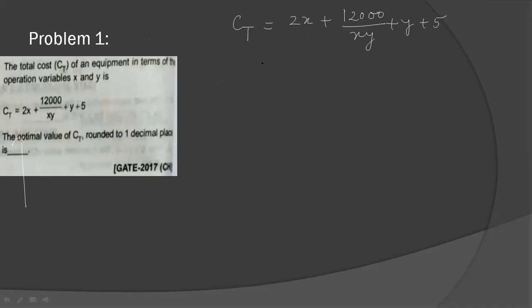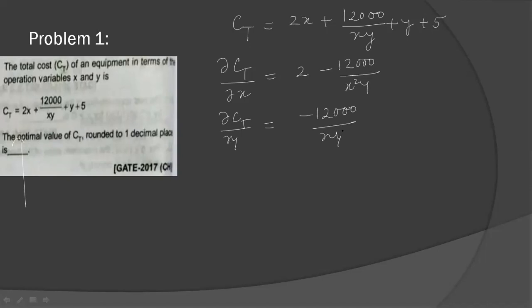I have discussed the same problem in example 2. Now differentiate C(T) with respect to x. You will get 2 minus 12,000 over x square y. Del C(T) over del y, if you differentiate, you will get minus 12,000 over xy square plus 1.